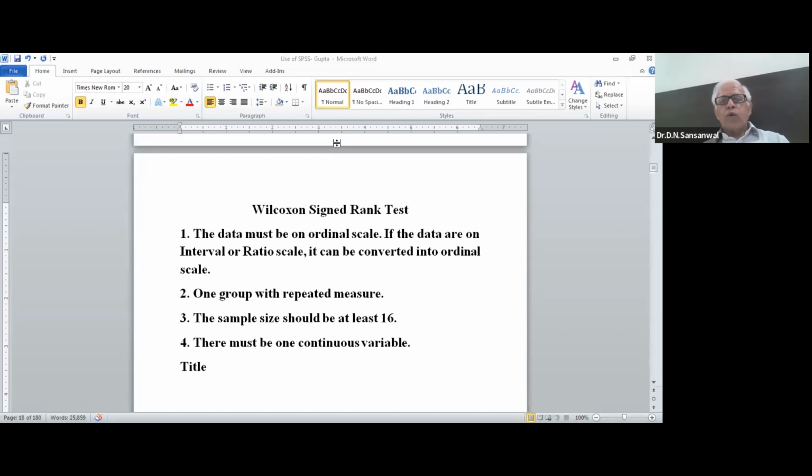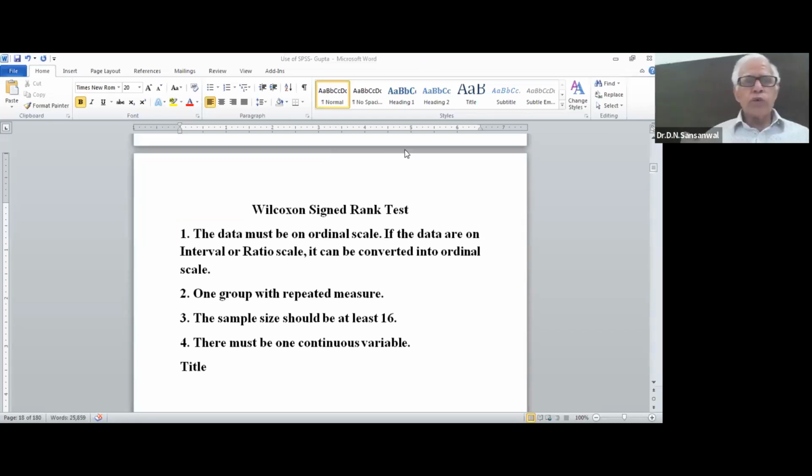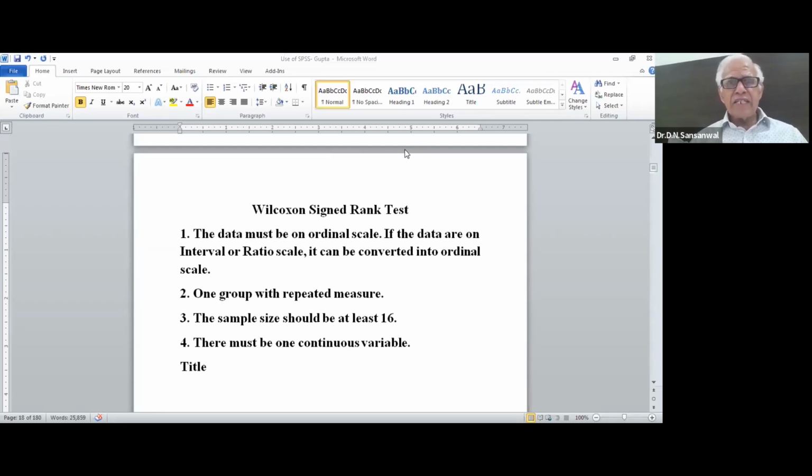Rupvati, if you are able to hear me, instead of marks, because marks is not the name of a variable, tell me the name of the variable. Okay, you are not telling, no problem at all. Instead of marks, you should have written achievement. Krishna, effectiveness is not a variable.